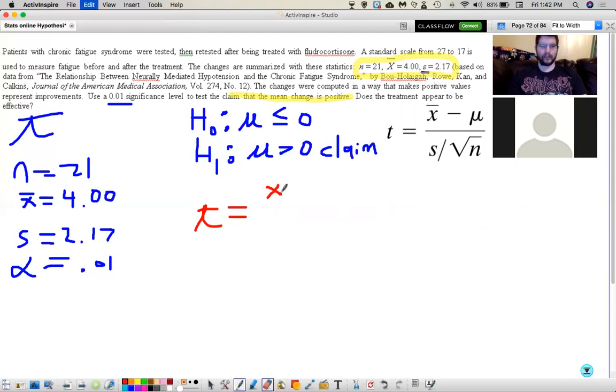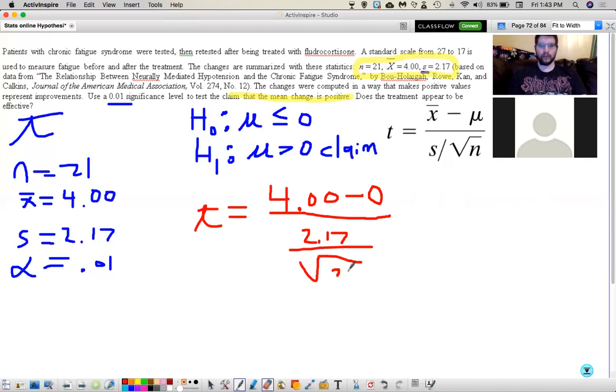So X bar, what's that? It's 4 point nothing. And our mean, we said it needed to be positive, so that's going to be 0 for our mean. That's going to be a big statistic. 2.17 for our sample standard deviation, square root of 21.